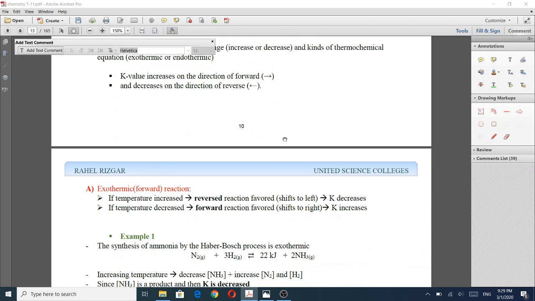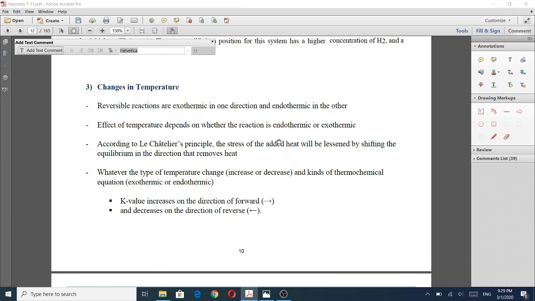All right, let's continue. Now let's get to changes in temperature. Reversible reactions are exothermic in one direction and endothermic in the other. So every reversible reaction, if it's exothermic in a certain direction, the reverse reaction would be endothermic.